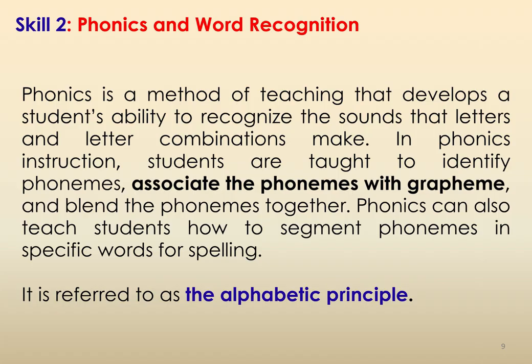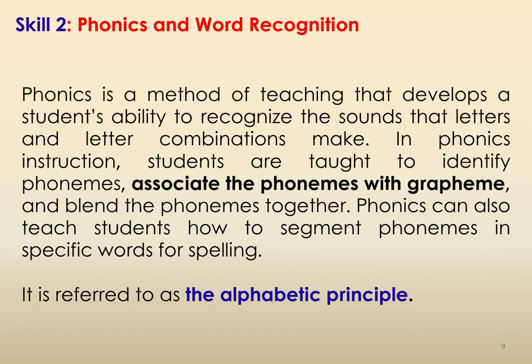The second skill in this pyramid is phonics and word recognition. This instructional method explicitly develops a student's capacity to recognize the relationship between letters and sounds. This is phonics.